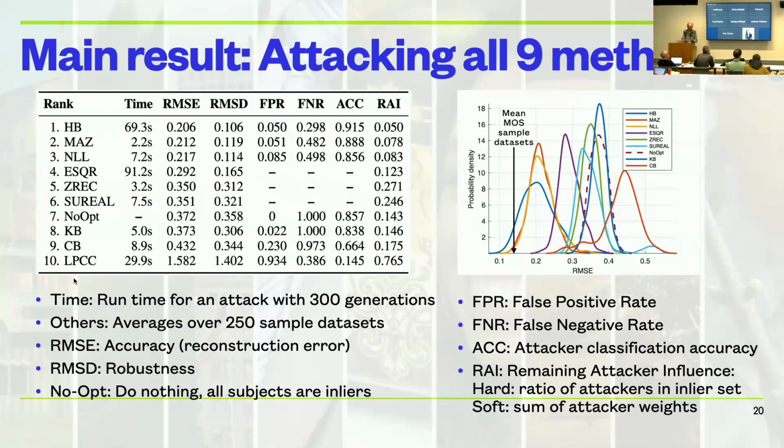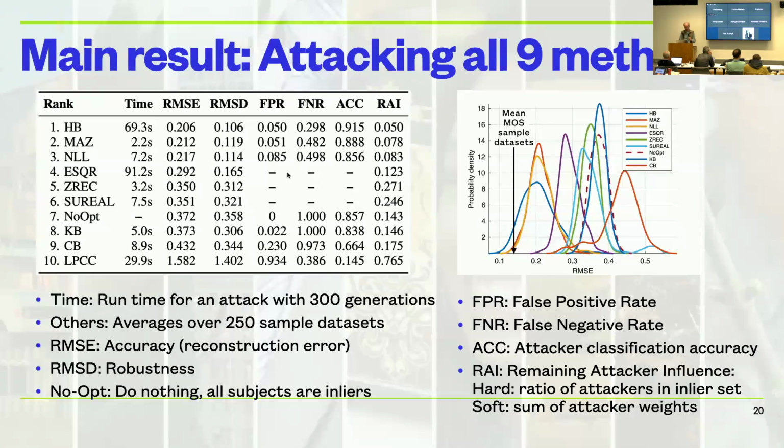And the bottom one is again LPCC, the worst one. Here you can see the time. It's the runtime for an attack with all of the 300 generations, so generating 45,000 attacks altogether. And this is the root mean square difference. This is the robustness that comes out of the maximization of the RMSE by the attack.